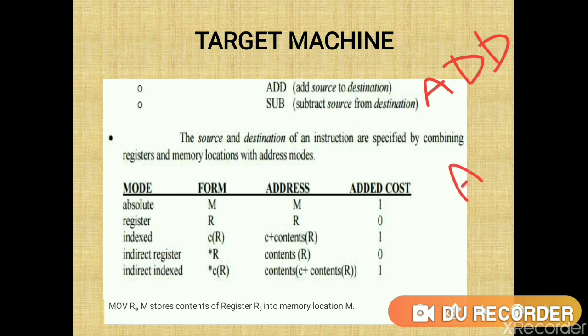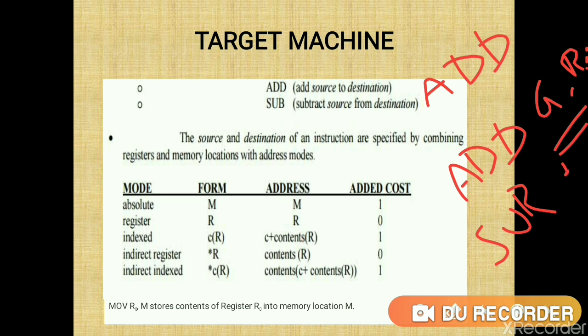Like if you are given an instruction like add A comma R0, whatever contents are there in the source, add source to destination. Next is subtract. In subtract, subtract source from destination. So it will be like sub R0 R1.